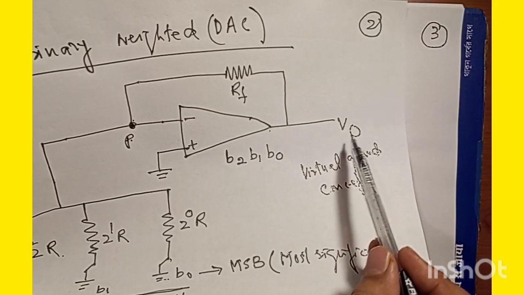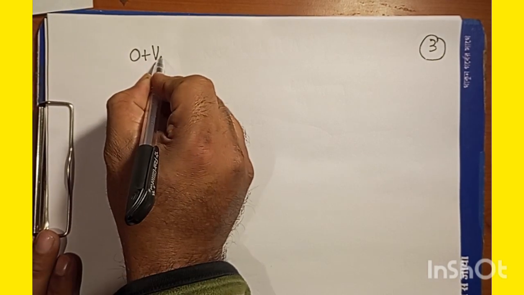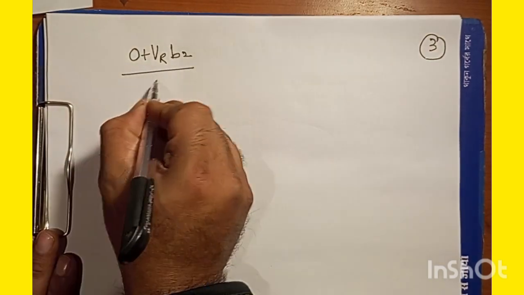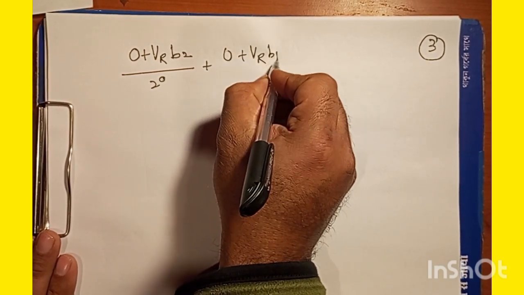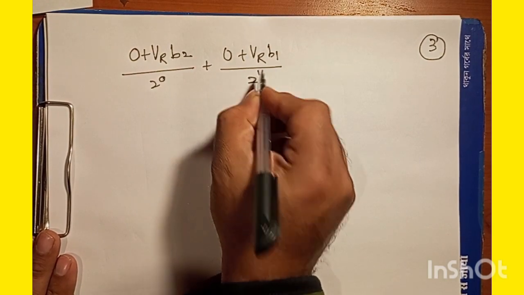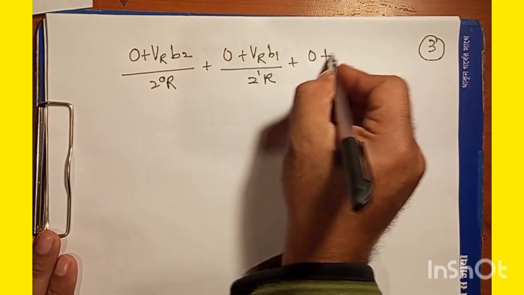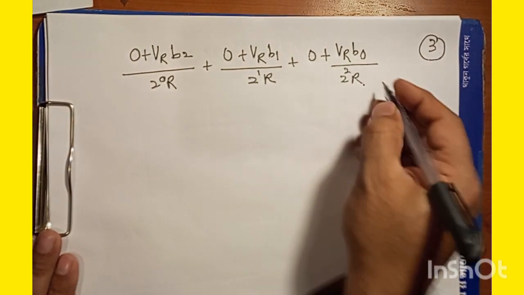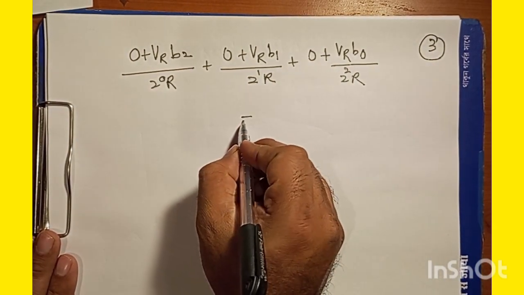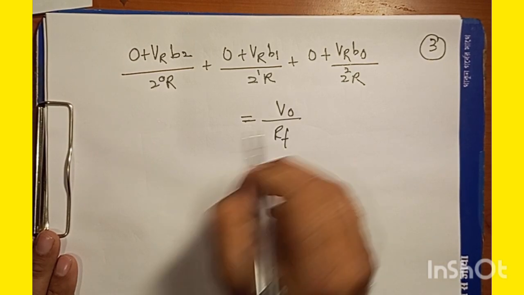So what we can expect is a nodal equation at this point P. If we start from V out, we can immediately write 0 plus VR B2 by 2 to the power of 0 R, plus 0 plus VR B1 divided by 2 to the power of 1 R, plus 0 plus VR B0 divided by 2 to the power of 2 R, is equal to V out by RF.